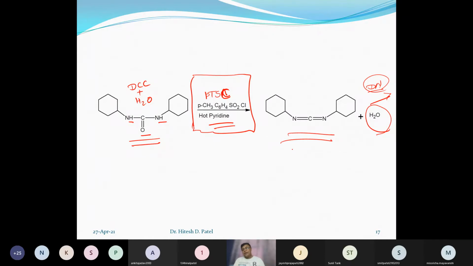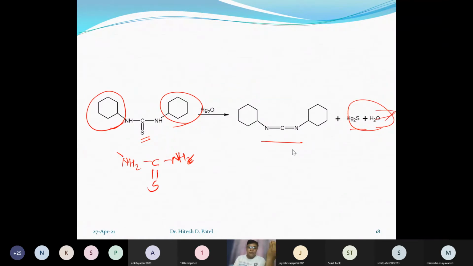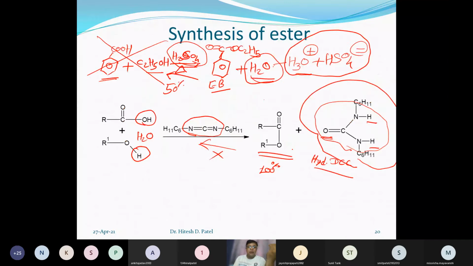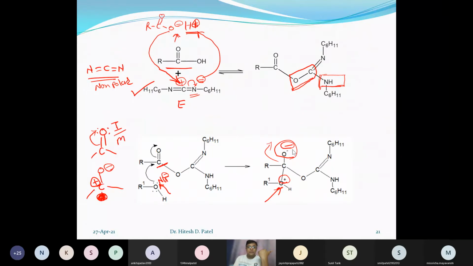This is the advantage of this process: whatever amount of DCC we are using will convert into hydrated DCC, and that hydrated DCC we can again dehydrate and recycle. So one reagent we can use many times, and this is the advantage of the use of DCC for the preparation of ester.